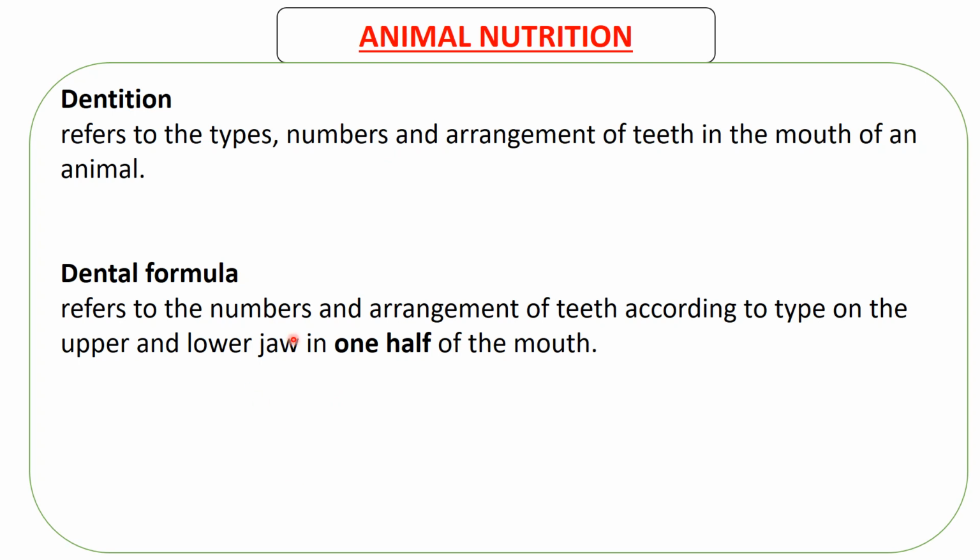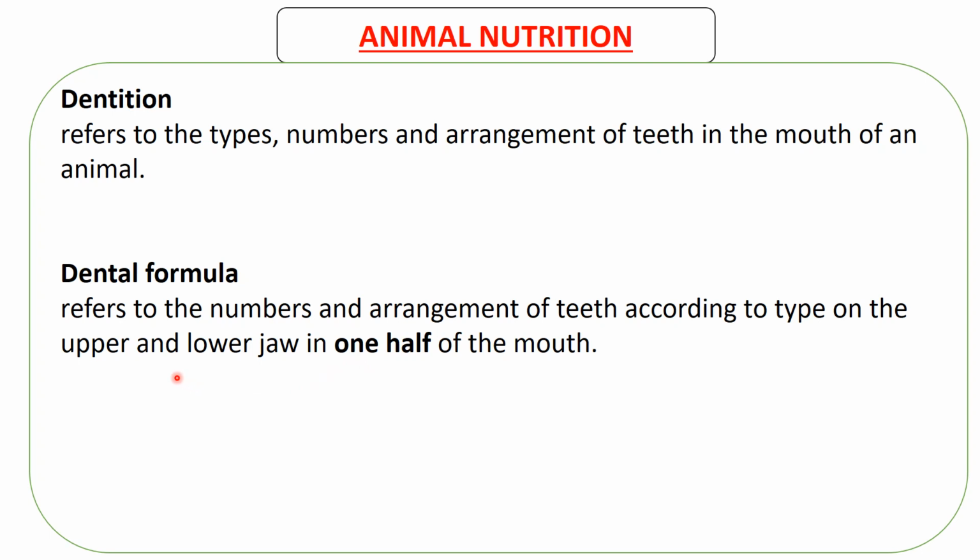It divides the mouth into one half, then concentrates on one side, the left or the right, because what is on the left is the same as what is on the right. Of course, we're talking about an animal that has not been involved in an accident or anything.